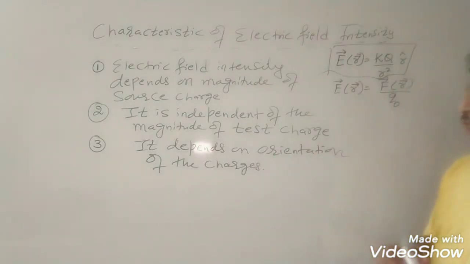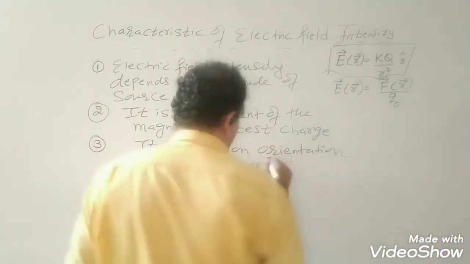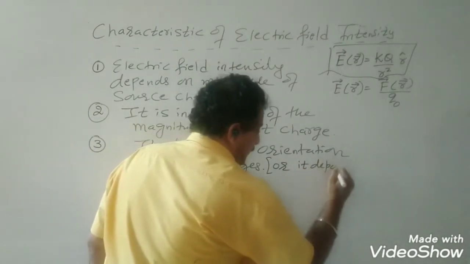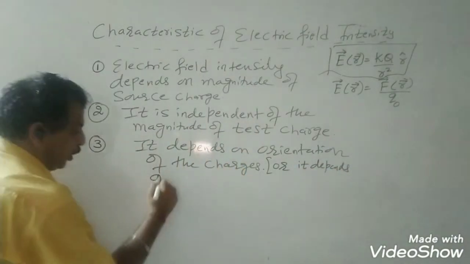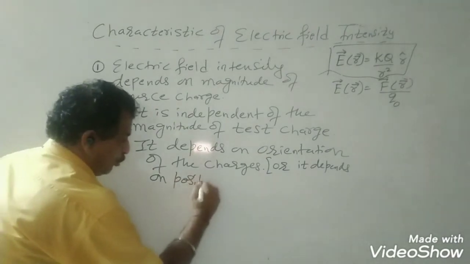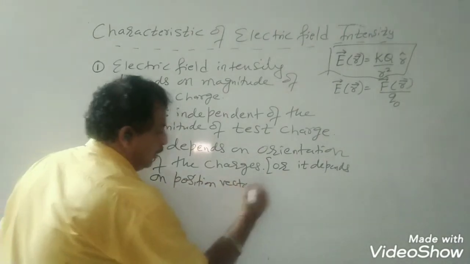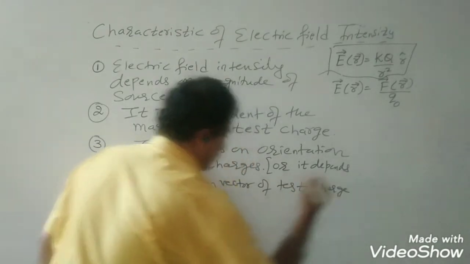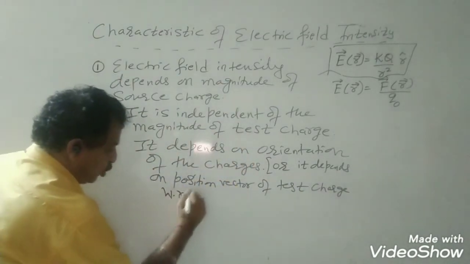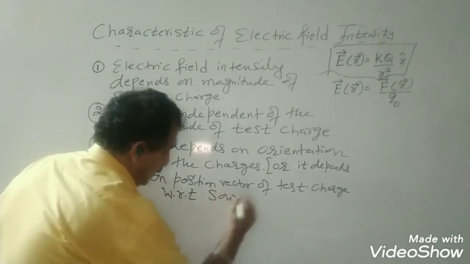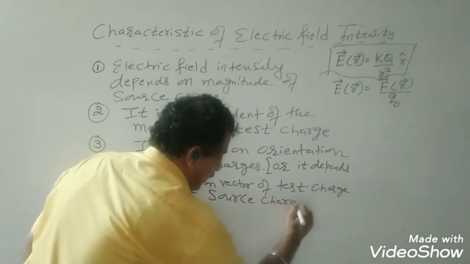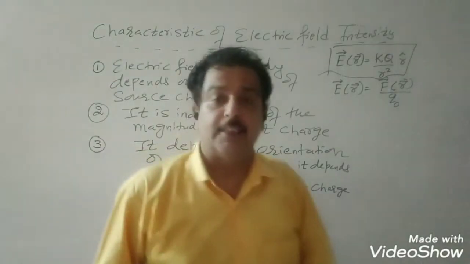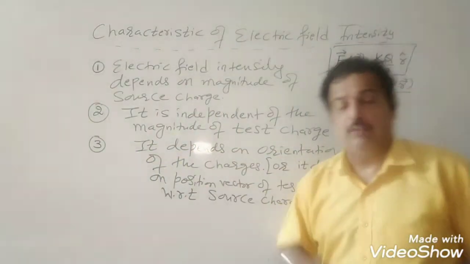So it depends on the orientation of the charges, or I can say it depends on the position vector of test charge with respect to source charge. Now this was clear in the definition itself, that as I change the position of the test charge, the magnitude will keep on changing.